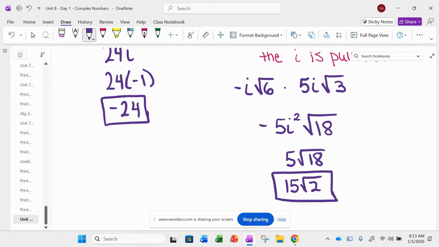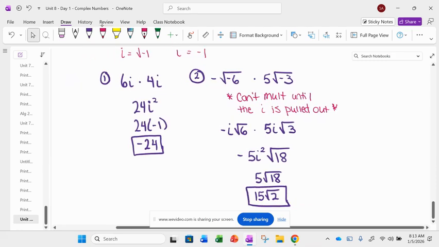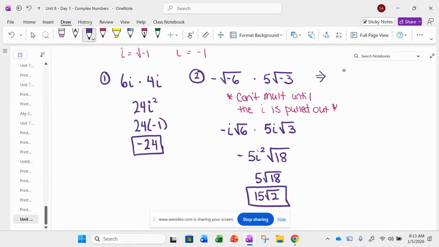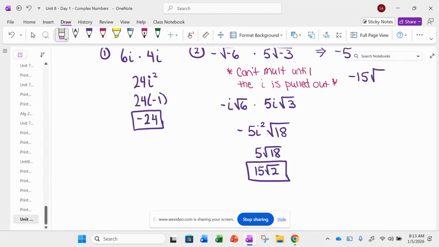All right, so somebody might be saying, well, then you didn't really need to take out that i because you got rid of the i anyway. No, if we were to have multiplied this initially, without taking out the i, it would have been a -5√18, which would give us a -15√2.